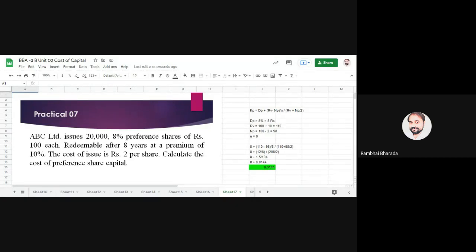That's why we have assumed that RV is equal to 100. But see, in question number 7, it is clearly mentioned that after 3 years at a premium of 10%. तो अगर प्रीमियम होगा तो हम वो 100 में प्लस करेंगे. कब? रिडक्शन के टाइम पे, इश्यू के टाइम पे नहीं. यहाँ पे कंफ्यूजन सबको यही होता है कि इश्यू किस वैल्यू पे होता है, रिडक्शन किस वैल्यू पे होता है.